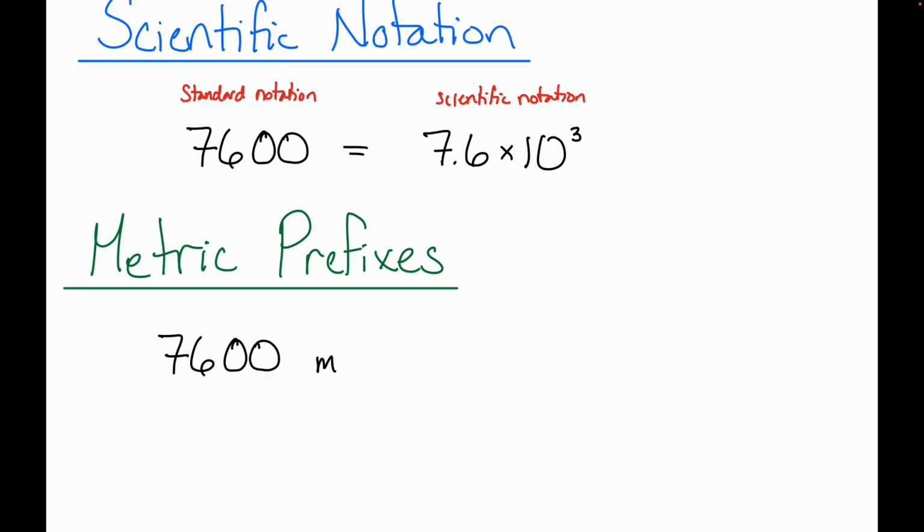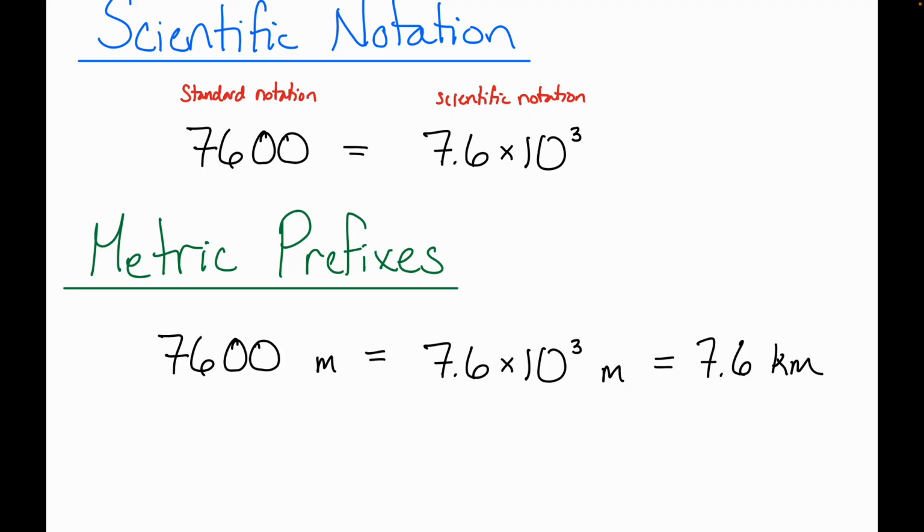As we said, this is the same thing as 7.6 times 10 to the 3, again putting some units on that, meters. Well, we could represent this more conveniently by changing the prefix out front here. That kilo prefix that I was talking about represents 10 to the 3. It means multiply those units by 1,000. So this would be the same thing as 7.6 kilometers.